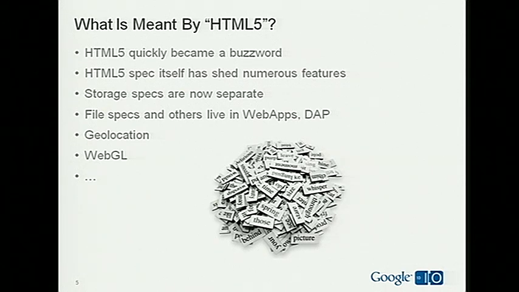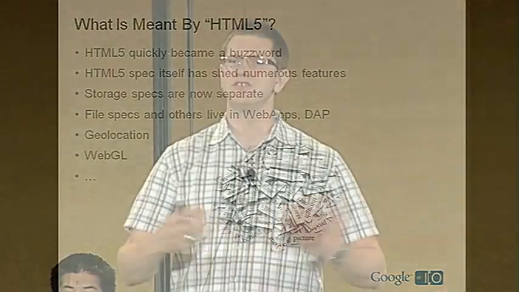So what are some examples of changes that have happened to the HTML5 spec? HTML5 has actually shed a lot of features. When HTML5 started, it was a spec being written in the WHATWG. This was a consortium of browsers and other interested people online trying to come together to form a specification for what would become the next HTML standard.